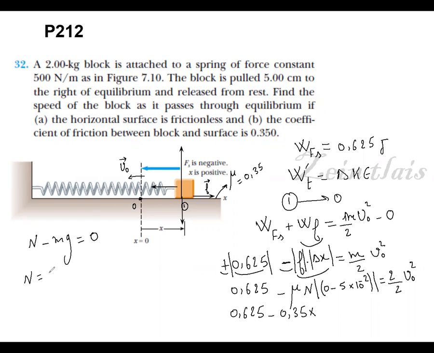So N equals mg equals 2 times 9.8. Then 2 times 9.8 times the absolute value, 5 times 10 to the minus 2, equals VO square.